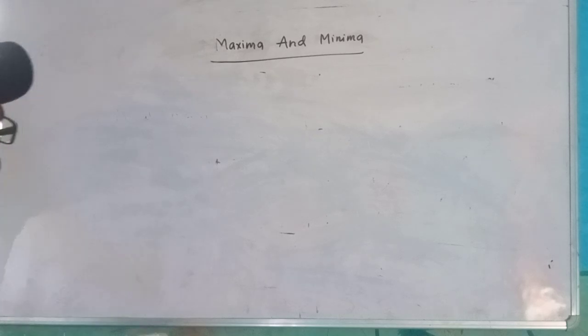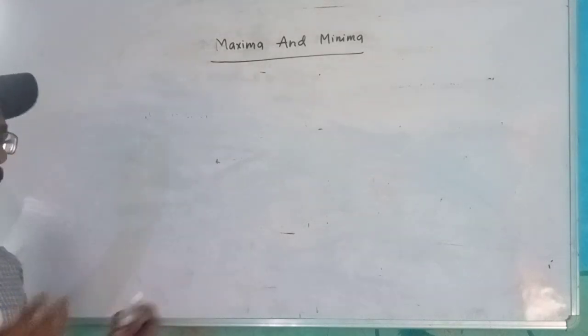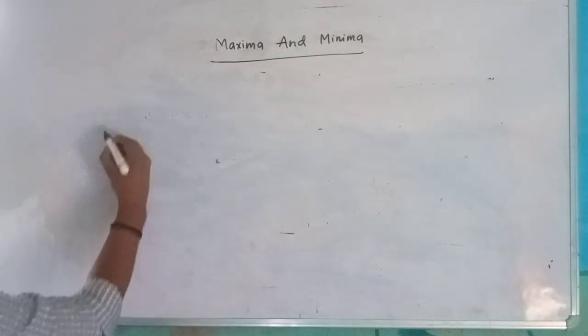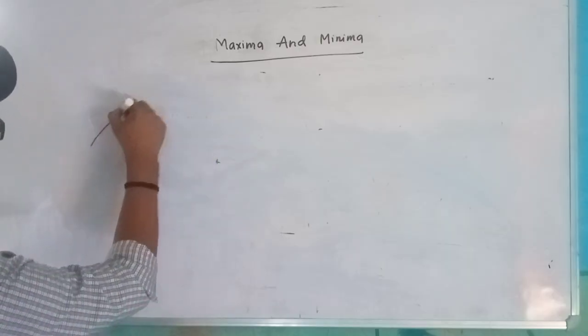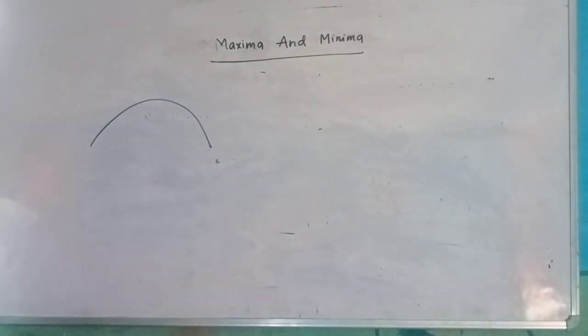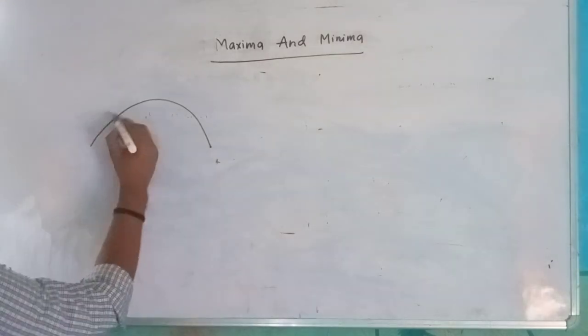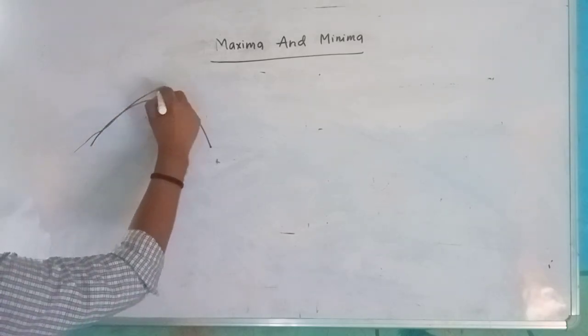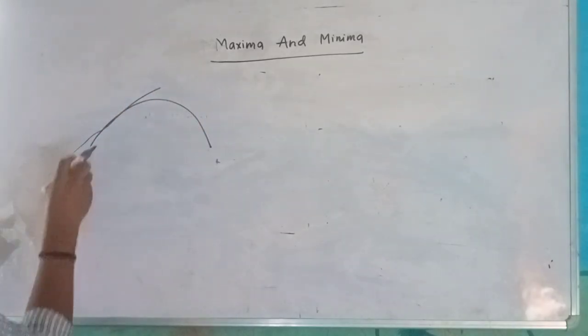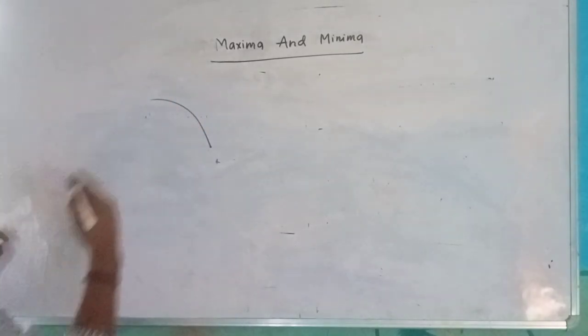See here, whenever there is a point of maximum, the graph will look something like this. So let's see what the slope of this part is.